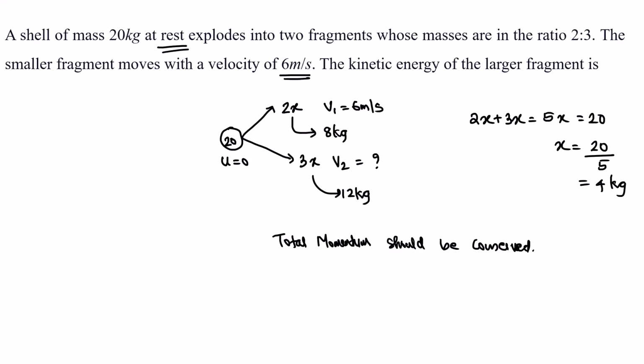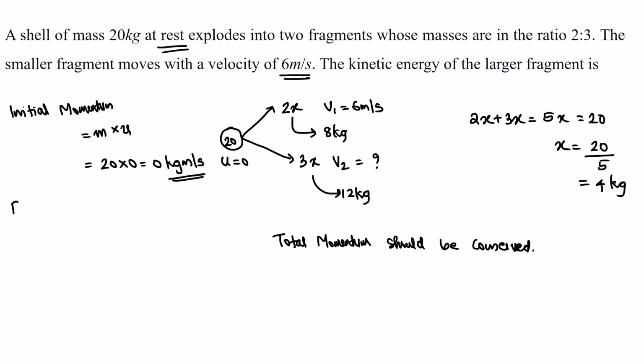The initial momentum will be equal to, we know that momentum is equal to mass into velocity. So initial momentum is m into initial velocity u. Initial mass is 20, velocity is 0, that is equal to 0. Momentum is mass into velocity, that is kilogram meter per second.